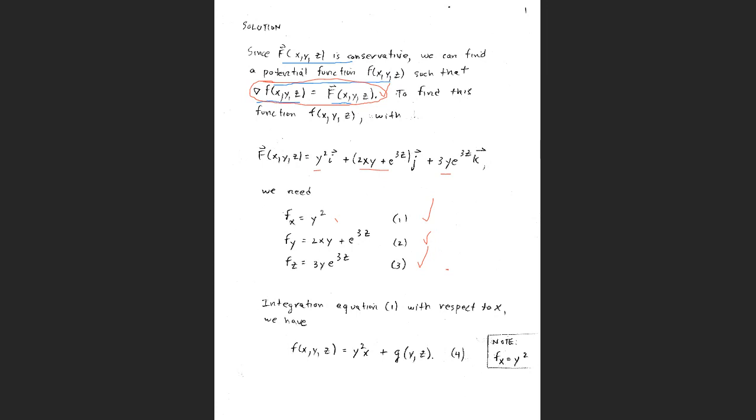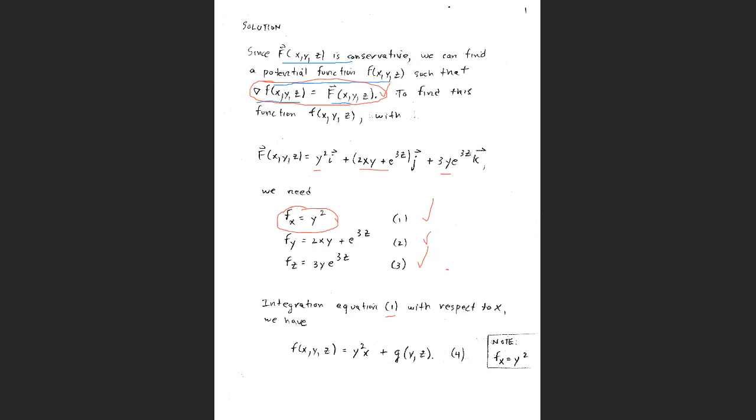And so now we have to start somewhere. So let's pick the first equation. We could have picked any of the three equations, but the first equation, the partial derivative of f with respect to x equals y squared, looks the easiest.